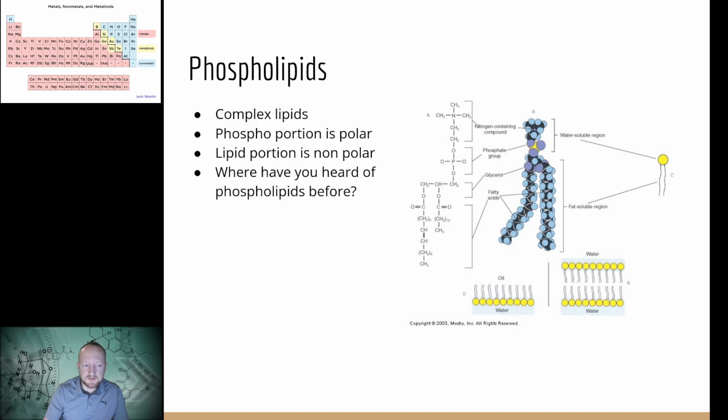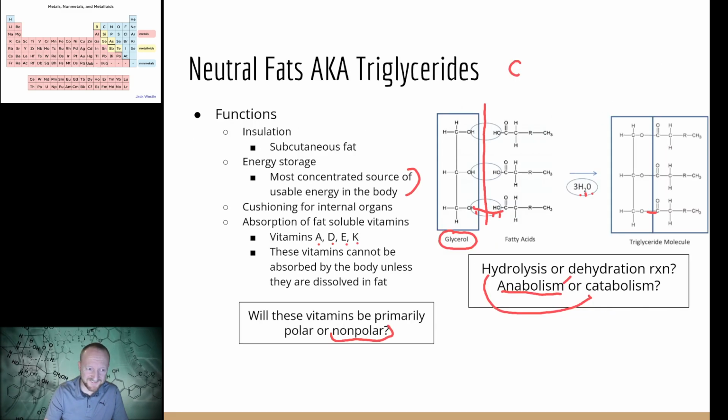Our second type of lipid, phospholipid. It's a complex lipid. It has a phosphate group right here, as well as this head up here, and the lipid section down here. We have a glycerol. Down here we only have 2 fatty acids. Maybe I made a mistake earlier.